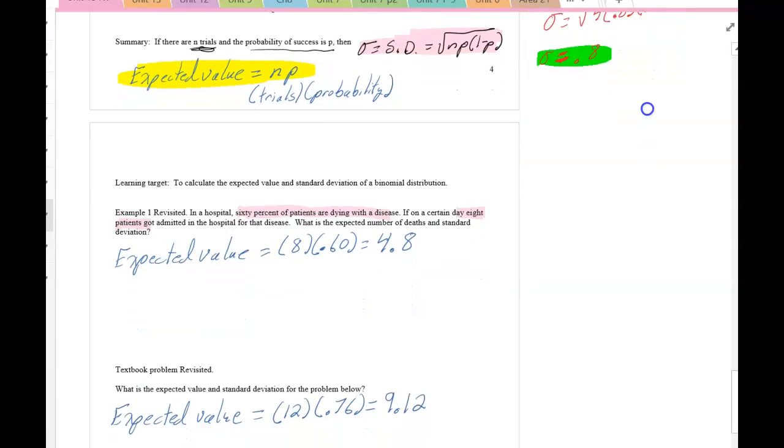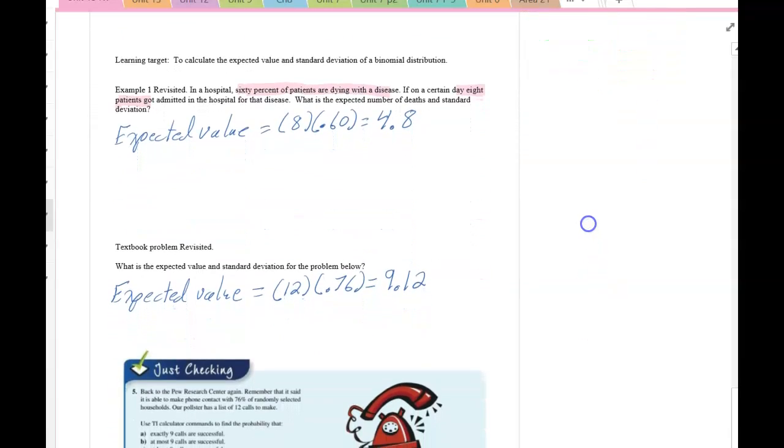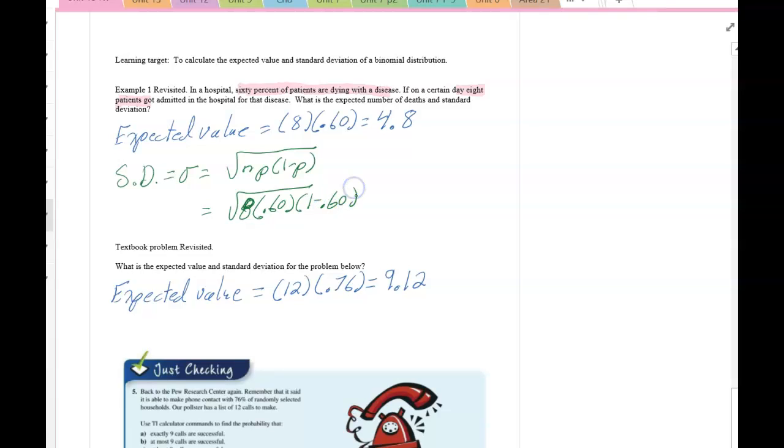Let's take a look at the 2 examples that we did. So if I wanted the standard deviation for the hospital problem, the standard deviation, which we call sigma, is going to be the square root of np times 1 minus p, which will be the square root of 8. There were 8 trials. The chance of success was 0.60, and then 1 minus 0.60.